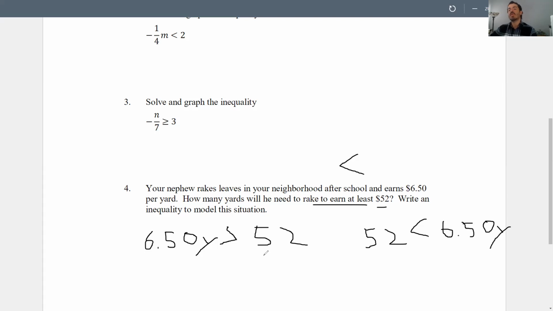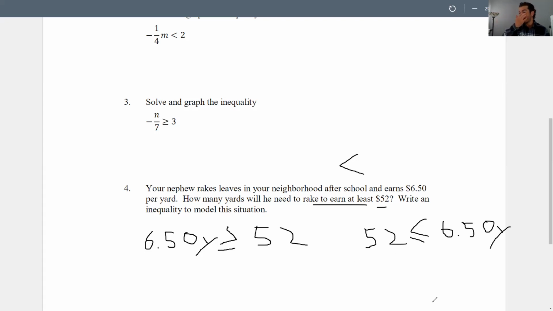Okay, but I'm missing one small point. If he makes exactly 52, will he have satisfied this real world scenario? I think so. If the idea is that he makes at least that, and if he walks home with $52, he's good, right? So I need to include the or equal to sign.